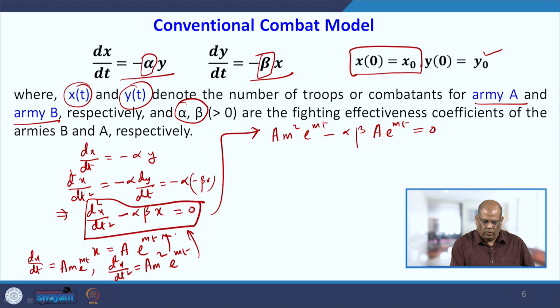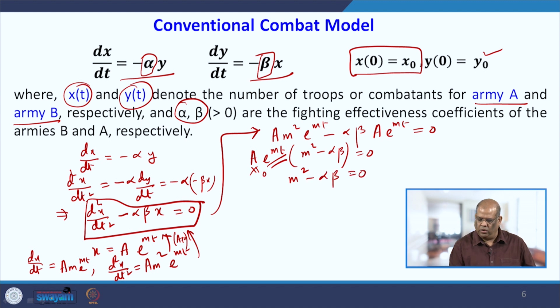So, here you have to consider a not equal to 0. You take a e to the power mt common and m square minus alpha beta equal to 0. Since a is not equal to 0 and there is no value of m for which e to the power mt equals 0, the only possibility is m square minus alpha beta equal to 0.